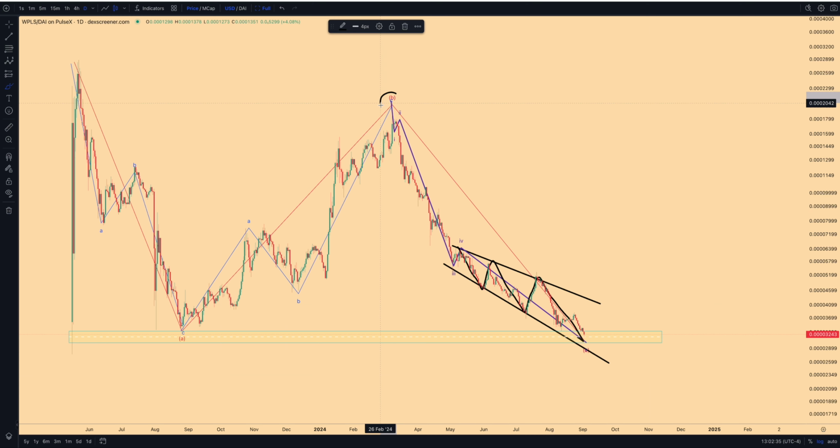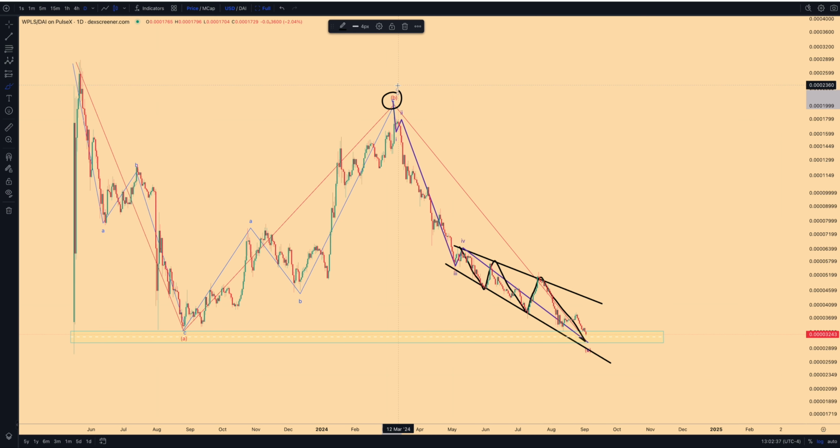The sentiment over here was that Richard Heart is a king, PulseChain ecosystem is going to go to the moon, but then as the price does this and formulates the C wave, the sentiment changes, right? This is just the way human psychology works, even over here, right? The sentiment was so bad, and then once we saw this pump, the sentiment changed on a dime. This is just the way the market works along with human psychology.